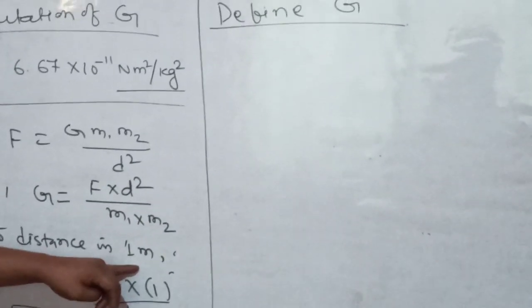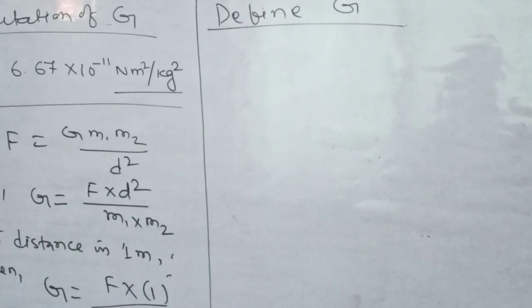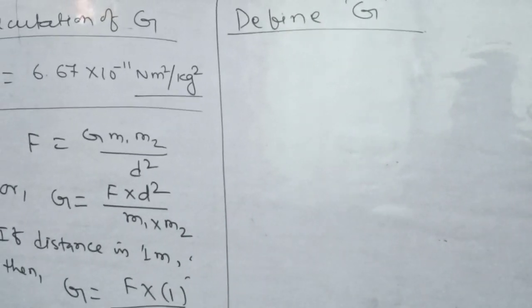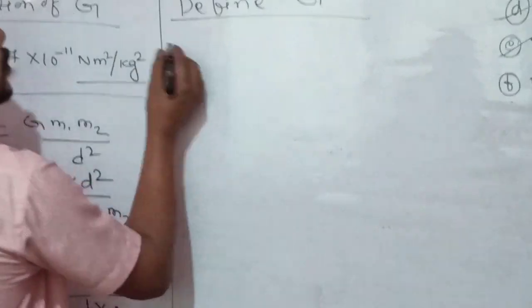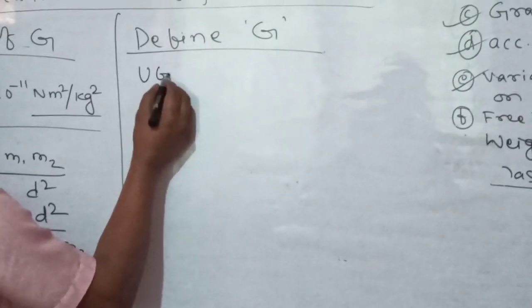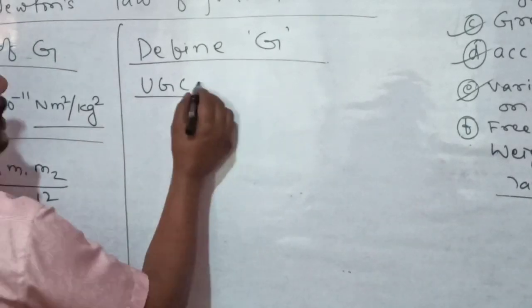If distance is 1 meter and the masses are 1 kg each, then the gravitational constant G is equal to the force of attraction. This is the definition. UGC, I have written it in short form, universal gravitational constant.